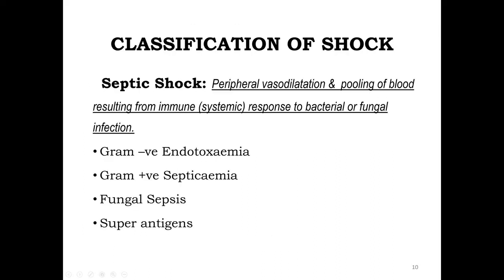Septic shock, in which there is peripheral vasodilatation and pooling of blood resulting from immune response to bacterial or fungal infection. Examples are gram-negative endotoxemia, gram-positive septicemia, fungal sepsis, and superantigens.